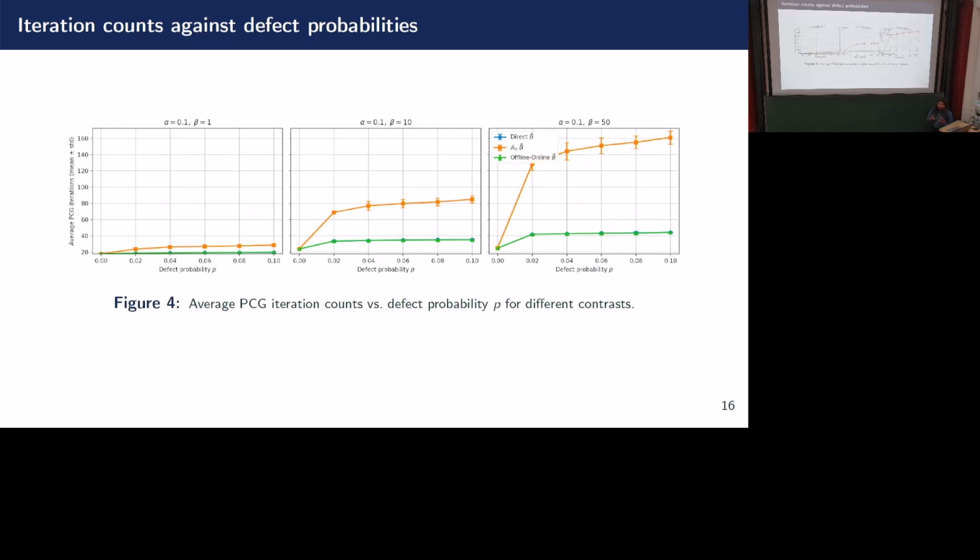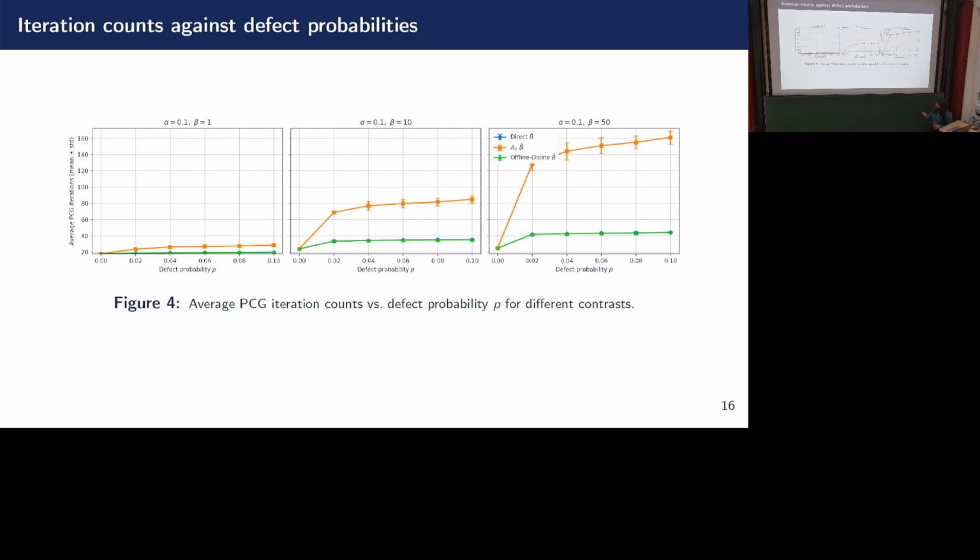The first one is the obvious two-level additive Schwarz method. The other one: because we are in this rare defect scenario, it also made sense to compare it with a constant preconditioner that is constructed on the zero-defect coefficient.